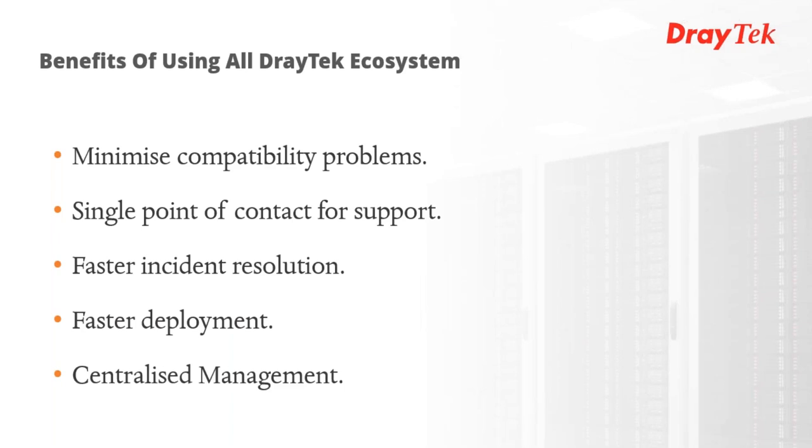Another point is centralized management. You can use the VigorACS platform to manage all your DrayTek devices, be that routers, switches, and access points. Also, this makes for faster deployment.